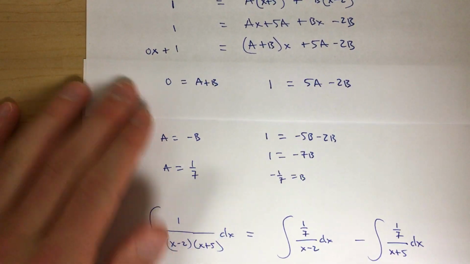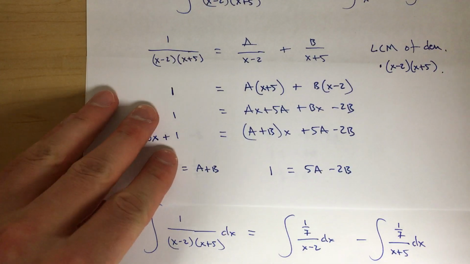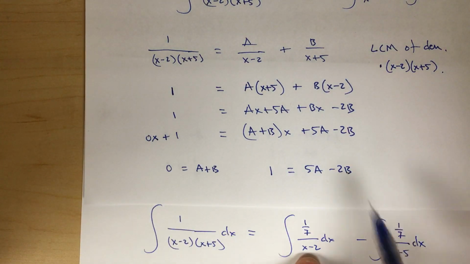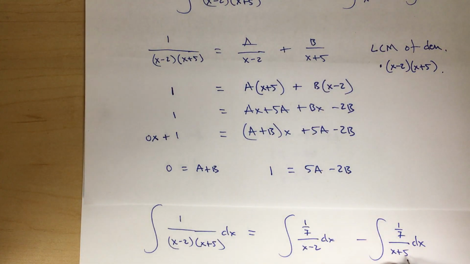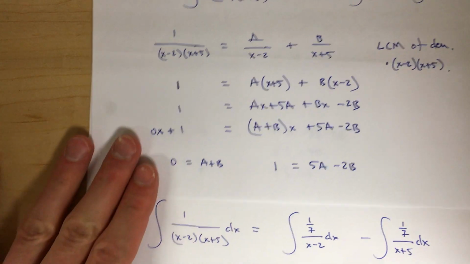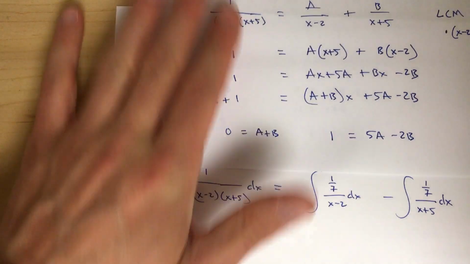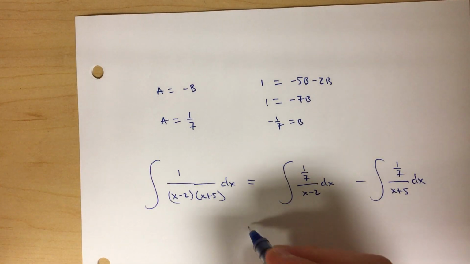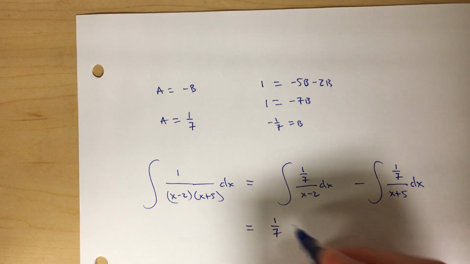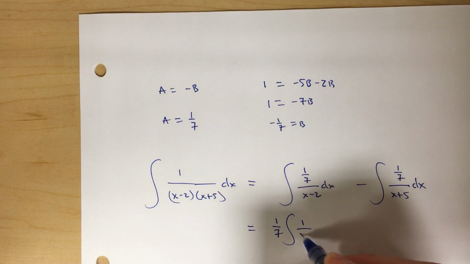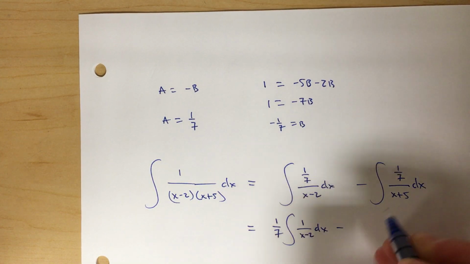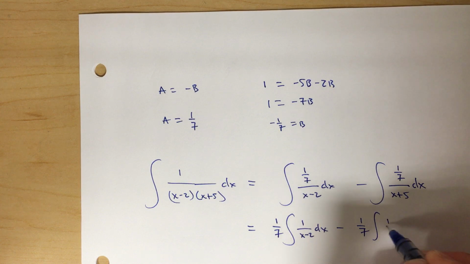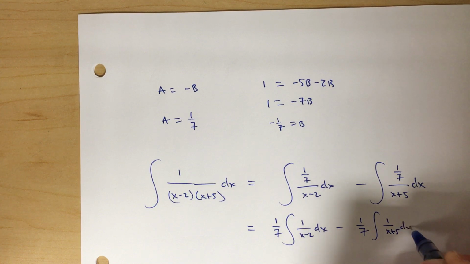Because going back to what we had before, this is a over x minus 2, and this is b over x plus 5. Now that's actually a big deal, because we could even pull out the 1/7 if we want to, and say that this is equal to 1/7 antiderivative of 1 over x minus 2 dx minus 1/7 antiderivative of 1 over x plus 5 dx.